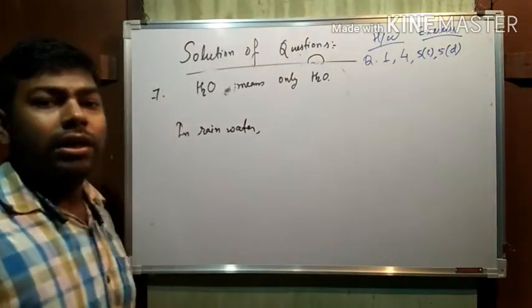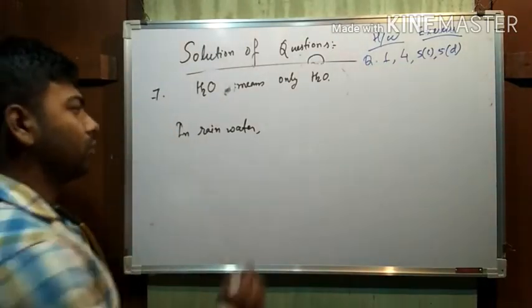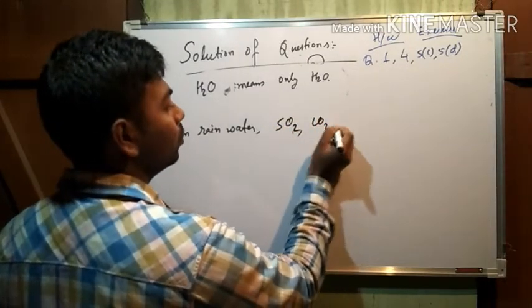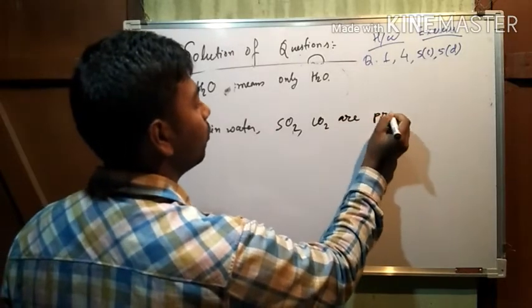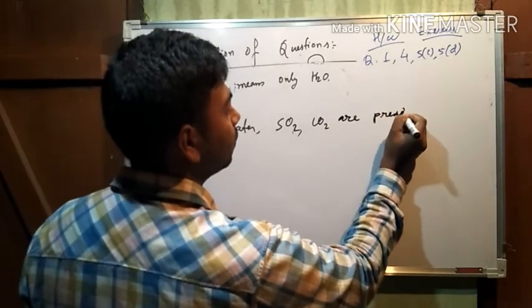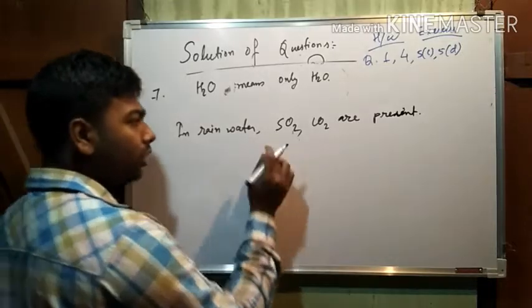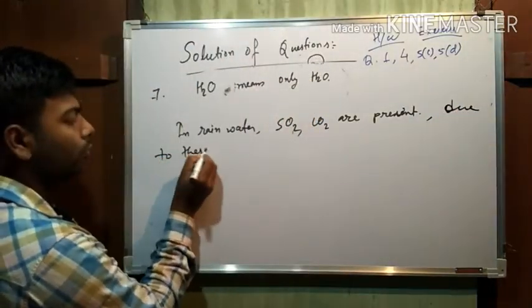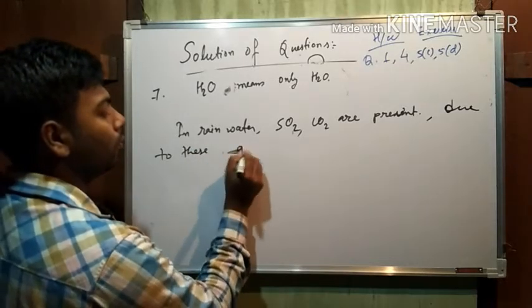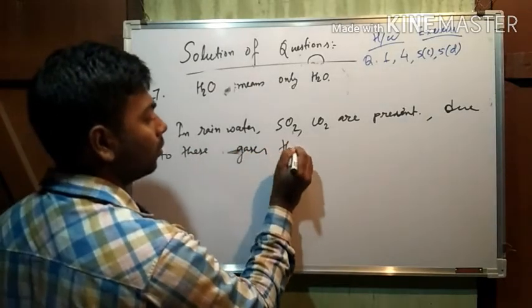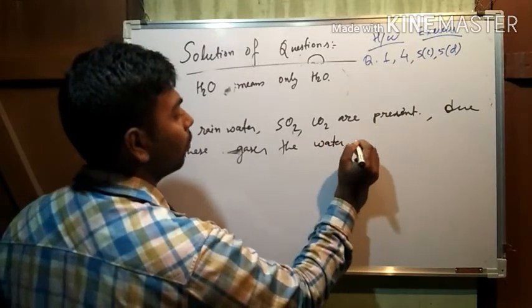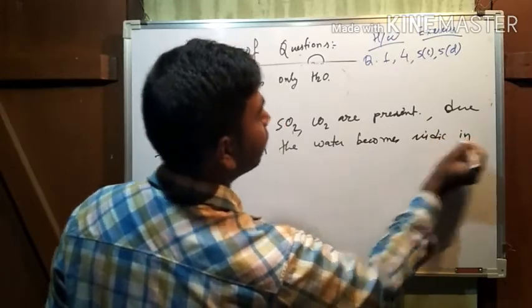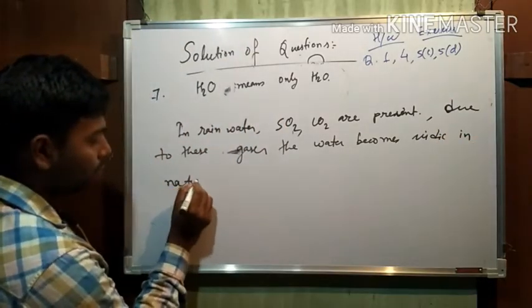But in rainwater, many gases are present. Suppose SO2, CO2 are present. Due to these gases, the water becomes acidic in nature.